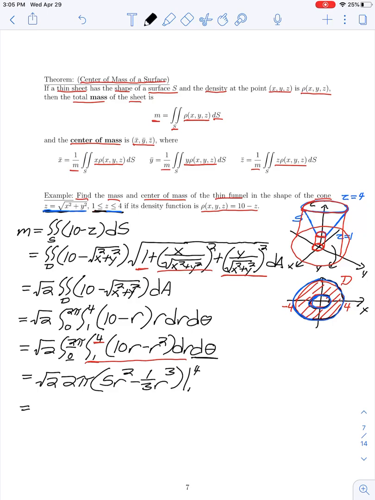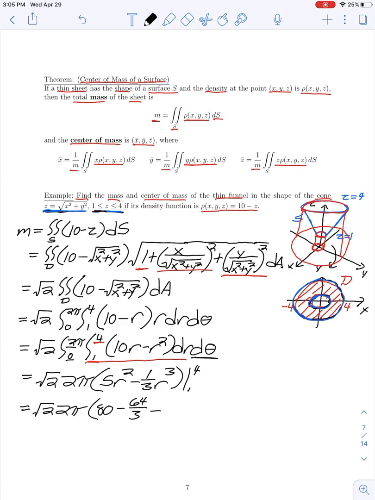So we then have the square root of 2 times 2 pi times, when we evaluate at 4, let's see, 4 squared is 16 times 5 is 80, minus 4 cubed is 64 over 3.